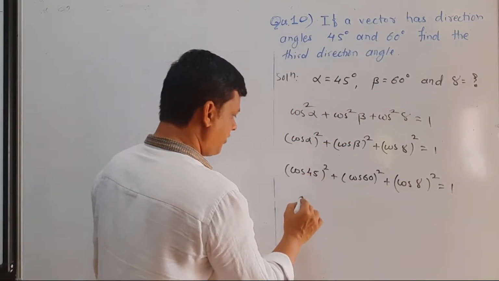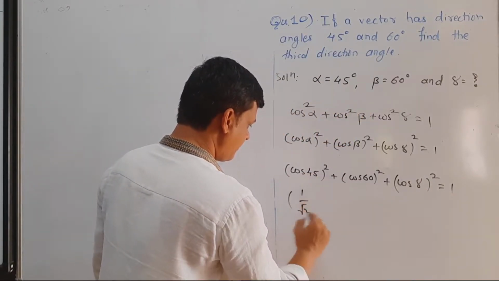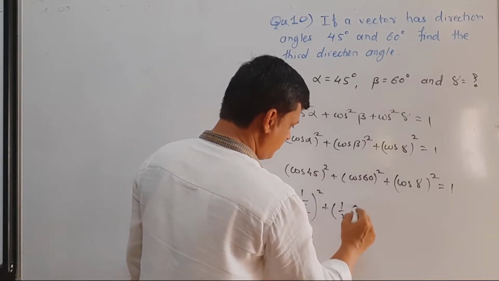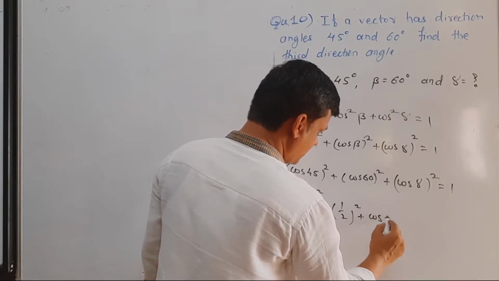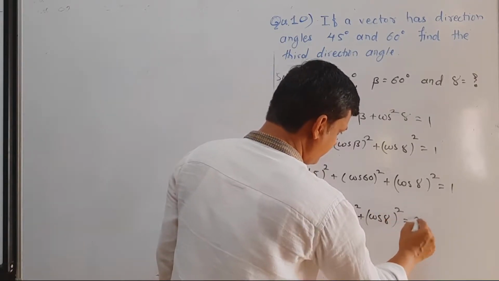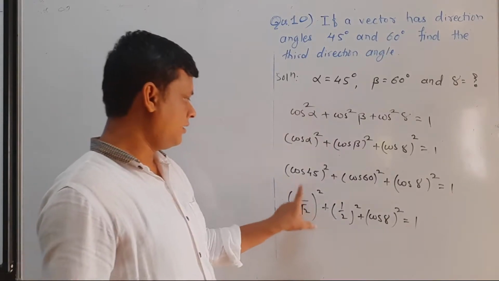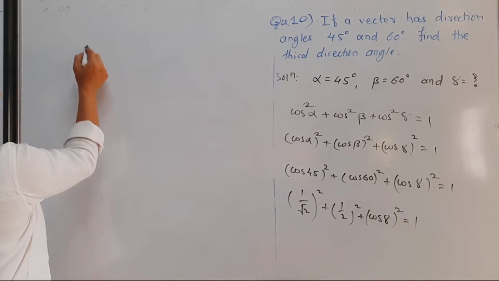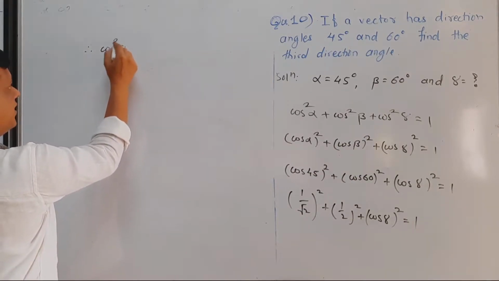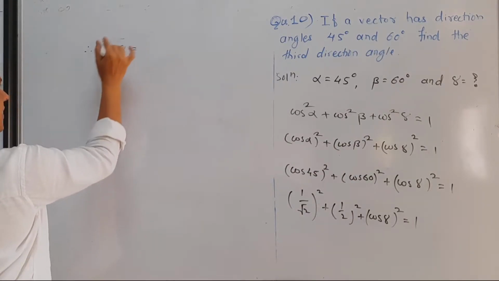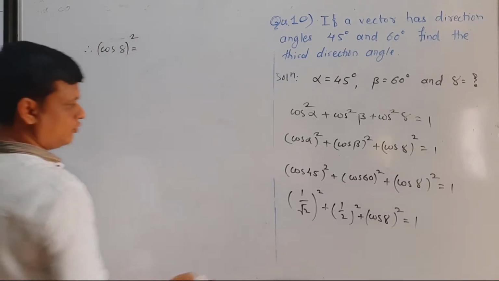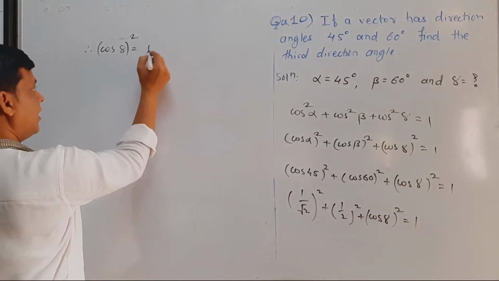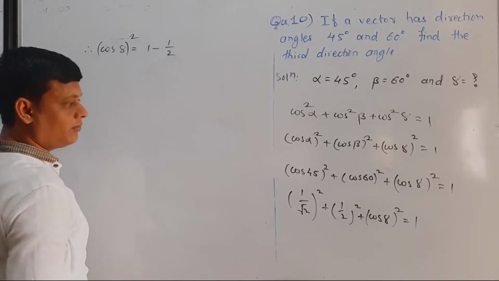Now cos 45 is 1 by root 2, cos 60 is 1 by 2, and cos gamma we have to find. Squaring the first term and the second term and transferring to the right hand side, we get cos square gamma is equal to 1 minus (1 by root 2) square, which is 1 by 2. So we transfer that 1 by 2 to the right hand side, we get minus 1 by 2.